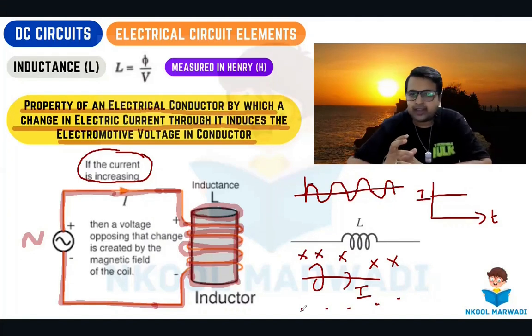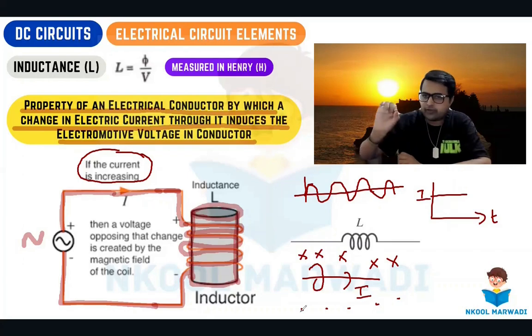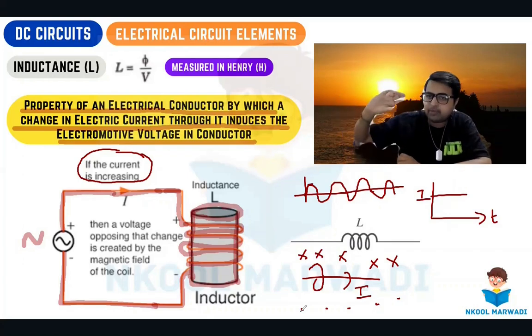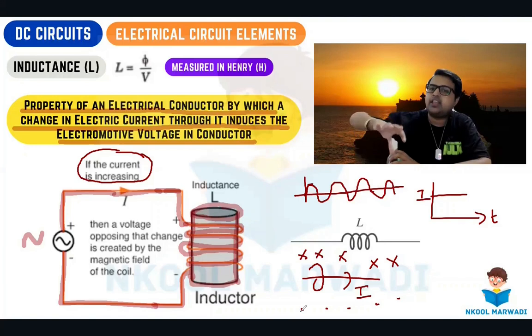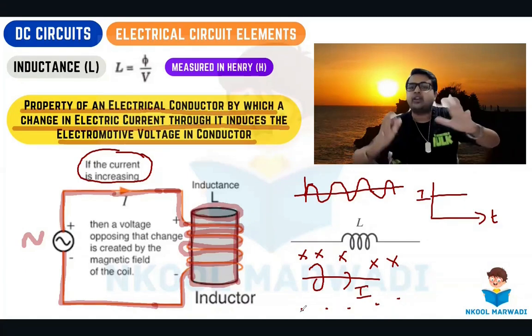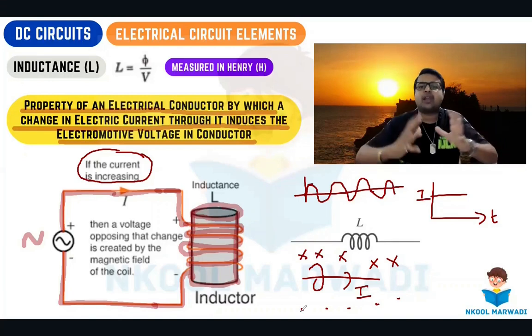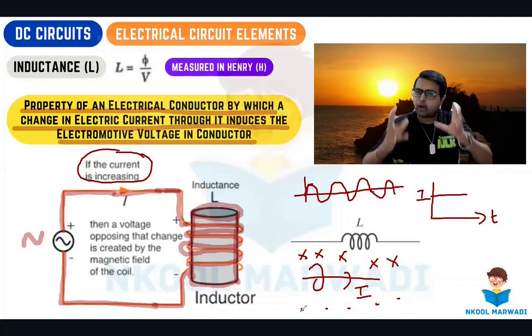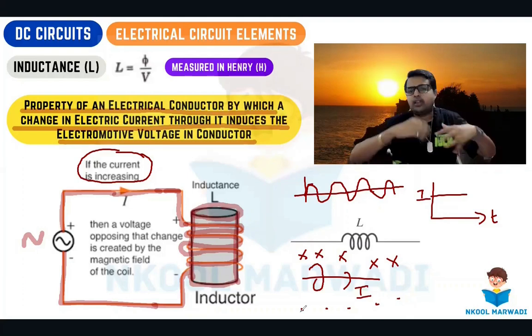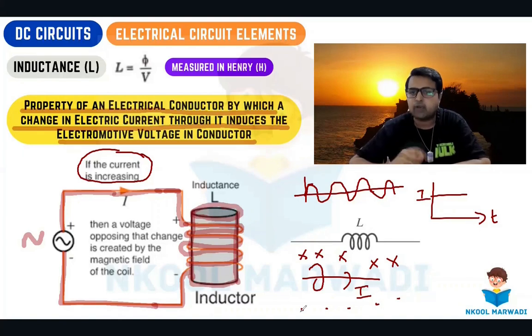So if current is trying to increase, it means magnetic flux will increase. The coil, the inductance, will generate a reverse EMF, an opposing magnetic field, which will try to reduce the increasing magnetic field. And if it reduces the increasing magnetic field, it automatically opposes the increase of current. So this is how it works.